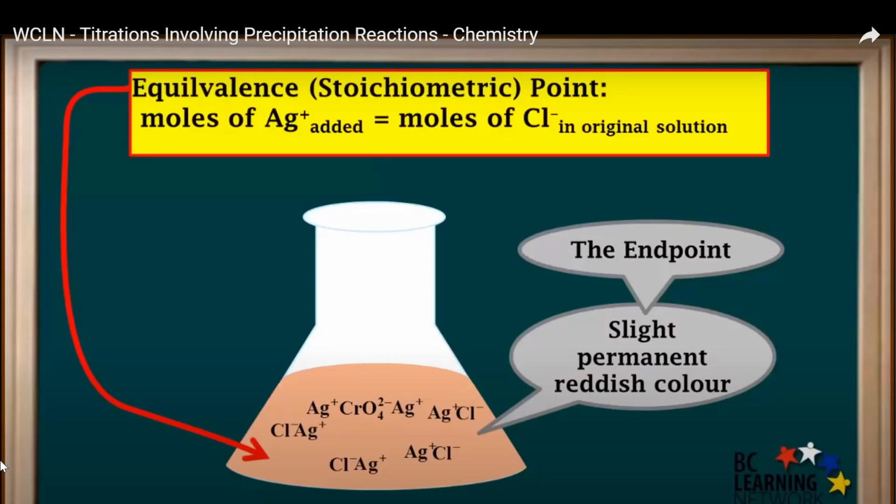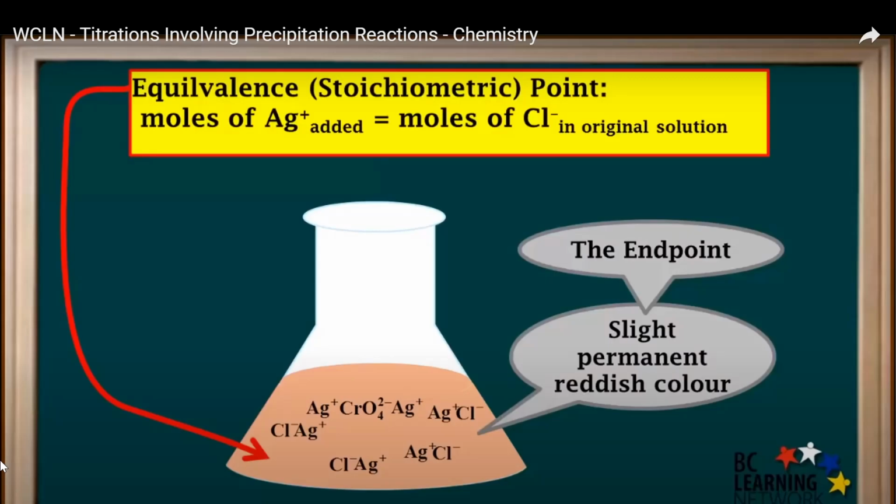So we have the end point, which starts with an E. We have the equivalence point, which also starts with an E. People sometimes mix them up because they both start with E. However, equivalence point kind of has the word equal in it.